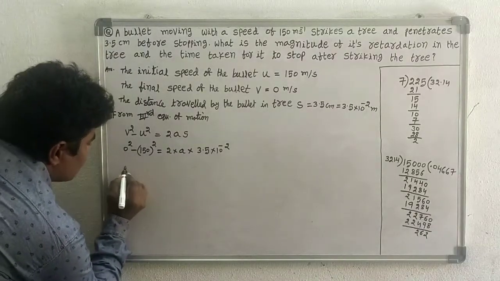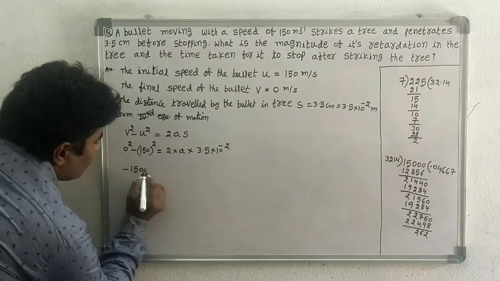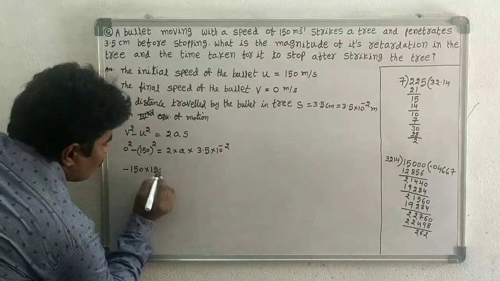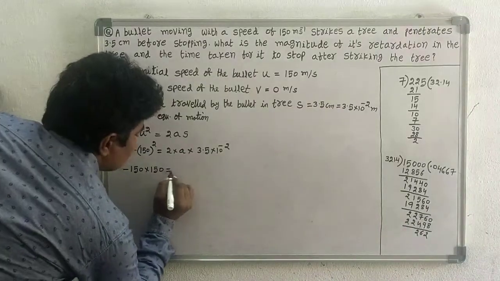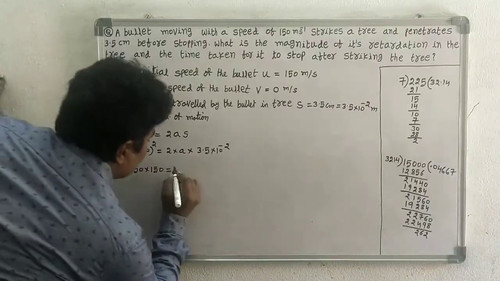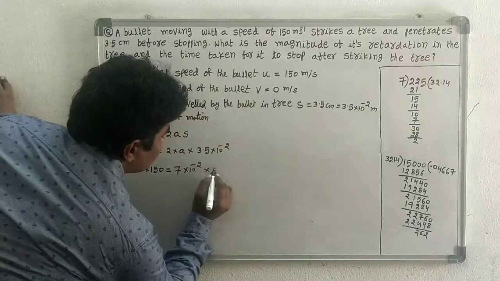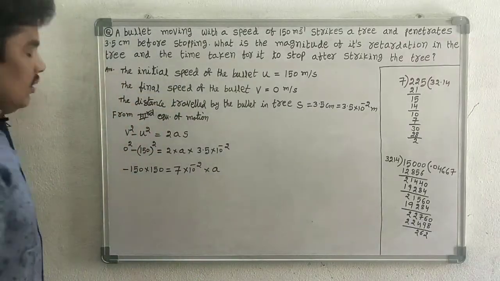So 0 minus 150 into 150 is equal to 2 into 3.5, which is 7, into 10 to the power of minus 2 into a.